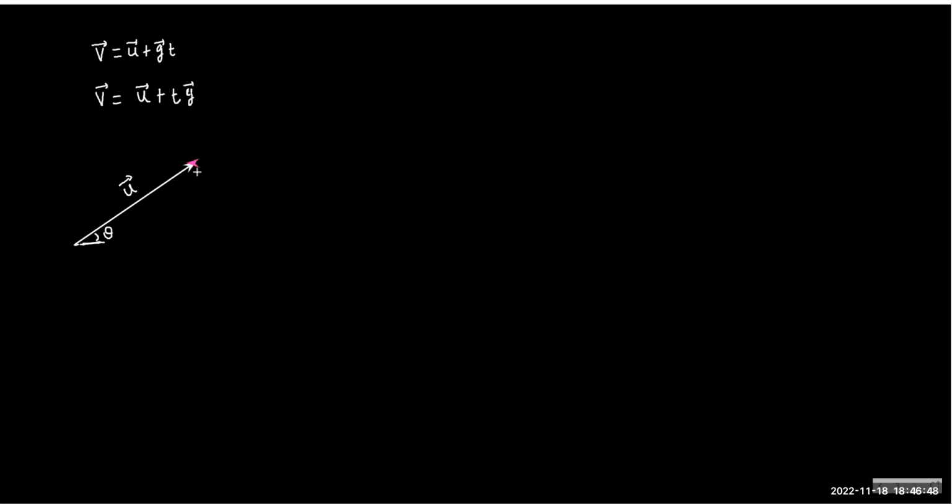So GT will look like this. If t is small, it will be here. As some more time will pass, it will grow in value. As more time will pass, it will grow in value.